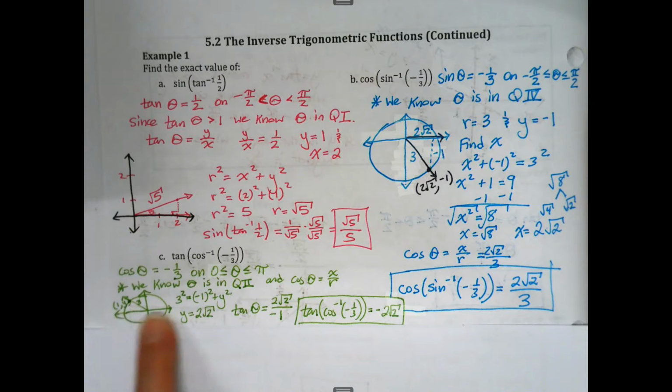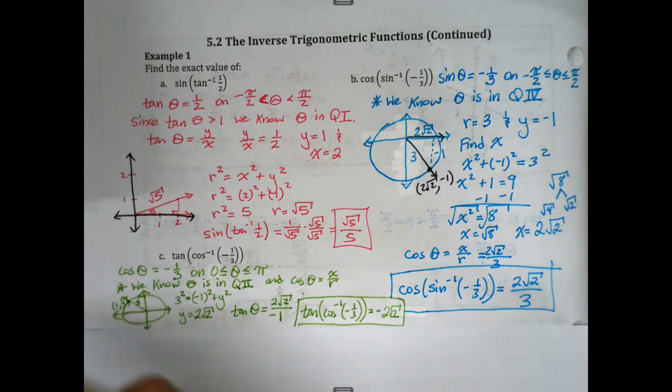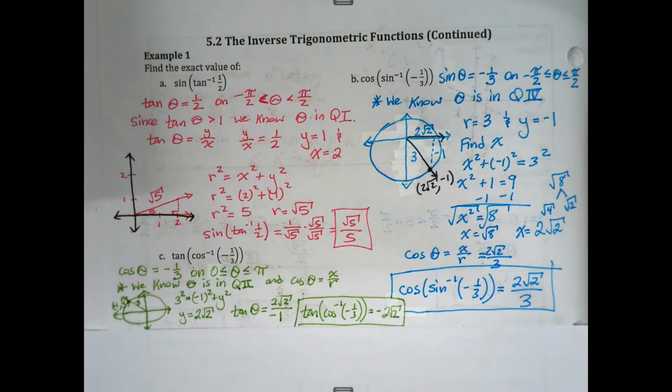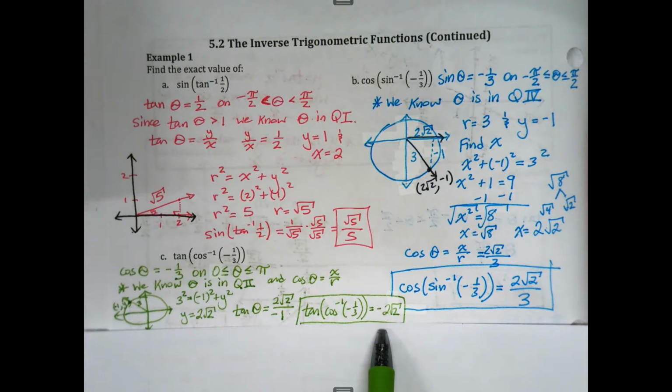And so here we have tangent of theta is going to be this 2 square root of 2 divided by -1. And I notice that I forgot a negative in here. And so therefore, the tangent of the inverse cosine of -1/3 is going to be -2 times the square root of 2.